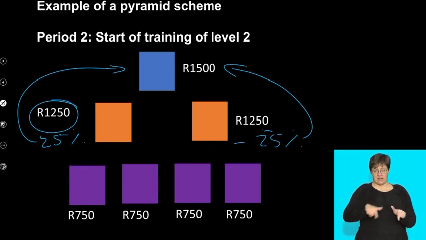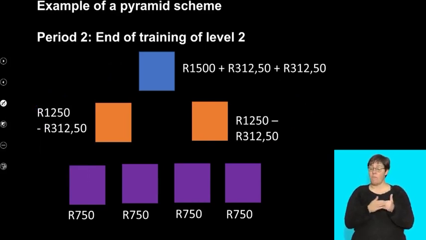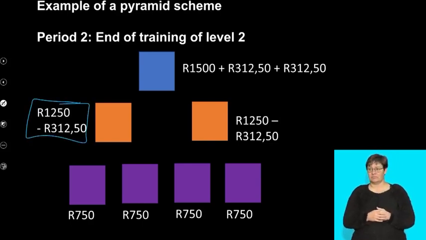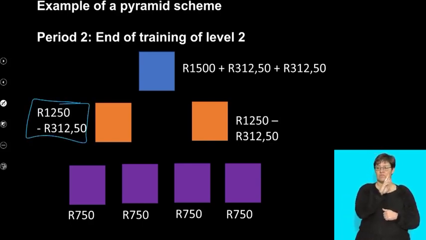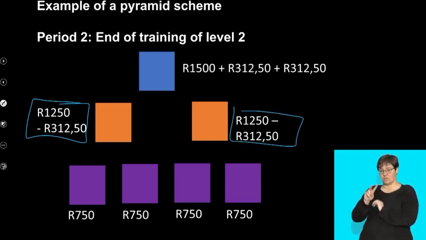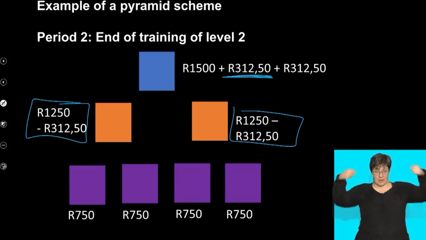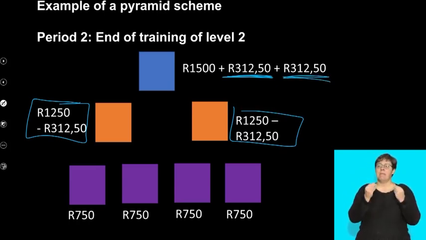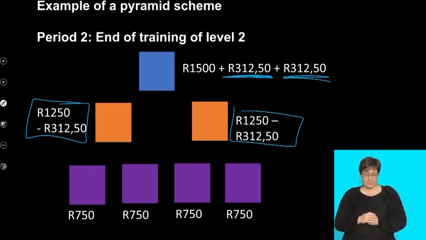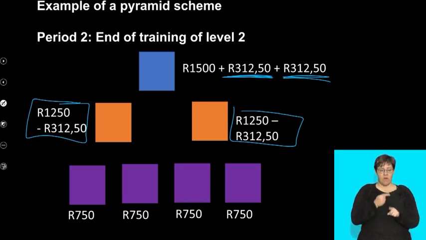Hence, they always say the more people you recruit, the more money you're going to get. So you can see it will be 1,250 minus the 25%, and then to the initial recruiter, you add the 312 rands and 50 cents from the two investors that he recruited.